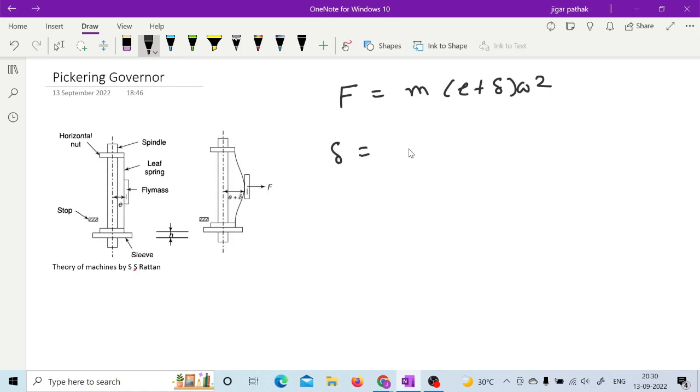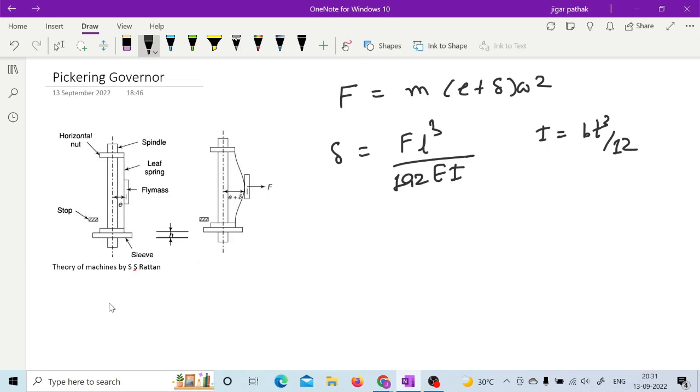If you consider the deflection of a simply supported beam in which the load is applied at the center, then it is given by delta is equal to FL cube upon 192 EI, right? Where I is the moment of inertia of the cross section of that spring, BT cube by 12. So this is how you can calculate the forces acting on that particular mass.